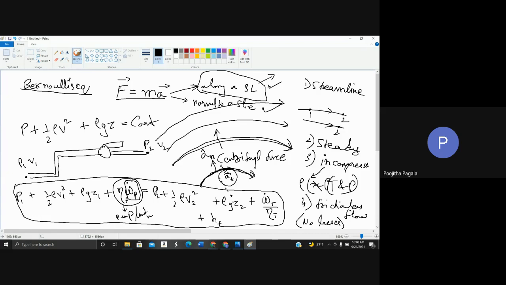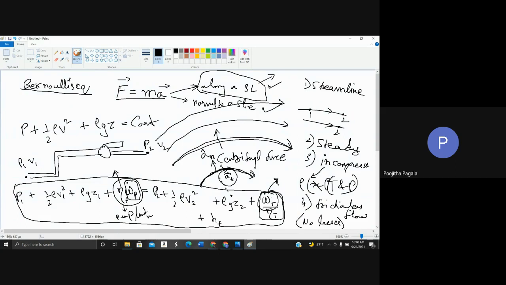And then on the other side, you have WT divided by eta T. Eta P is the pump efficiency. And similarly, WT is the work output obtained from the turbine, and eta T is the efficiency of the turbine.